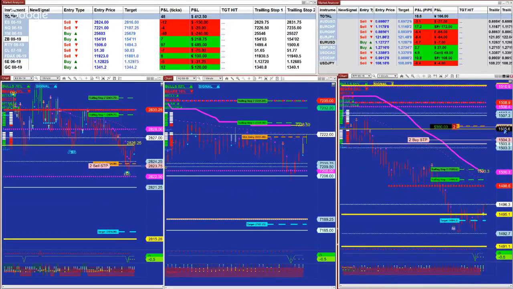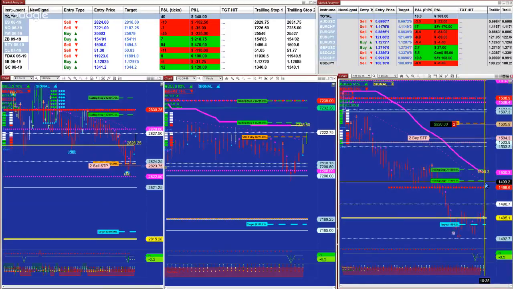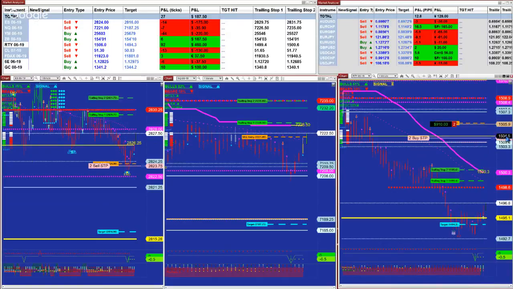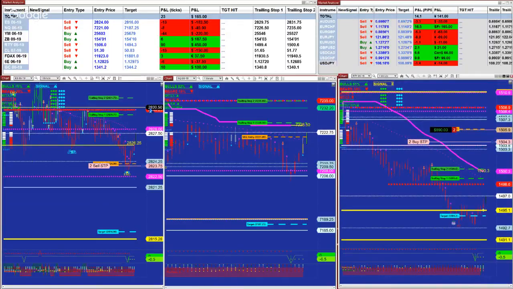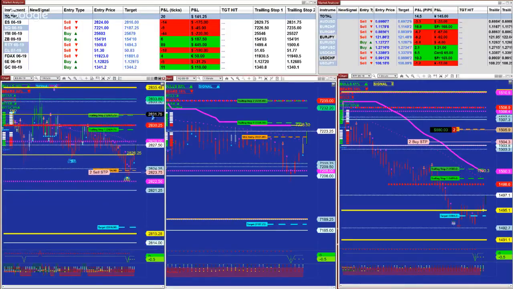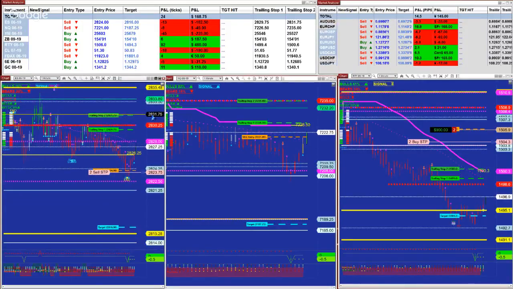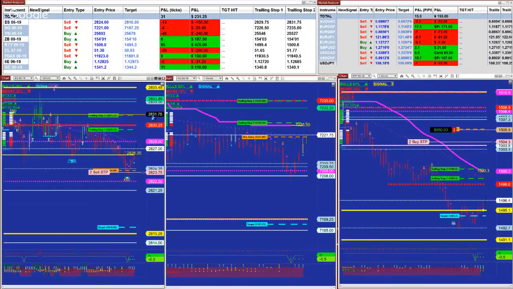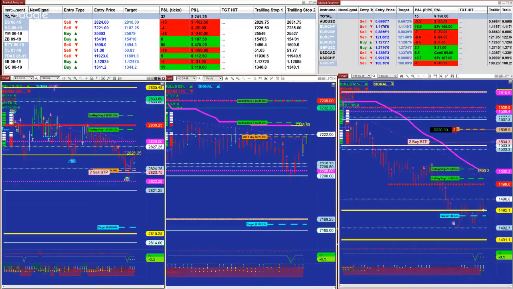On the pullback on the Russell, it is 1499.3. This is the pullback re-entry right there. But don't do anything. Let's wait and see how this market is going to play. There is nothing to do anymore. We're just waiting on a new signal. So I'll stay quiet for 5 minutes, and I'll be right back.